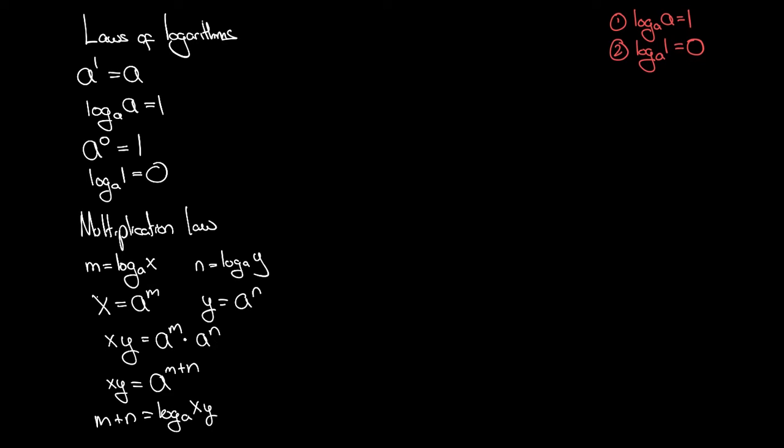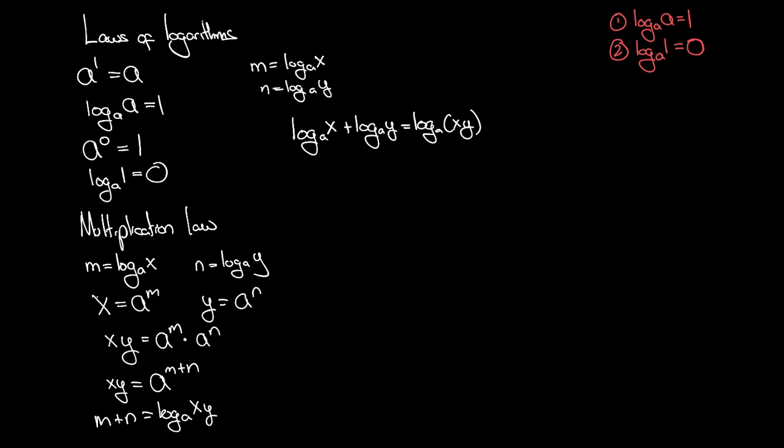But we also know that m is equal to the log base a of x, and that n is equal to the log base a of y. And so in this case, we end up with log base a of x plus log base a of y is equal to the log base a of xy.